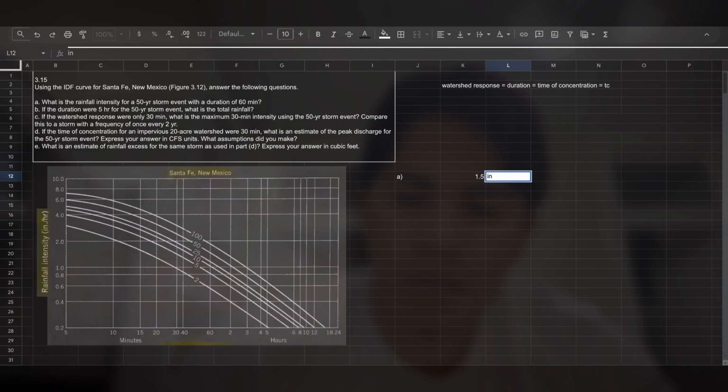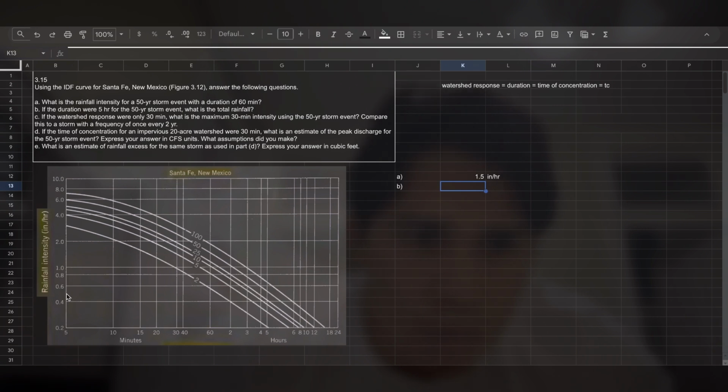1.5 inches per hour. Now part B, if the duration were 5 hours for the 50-year storm event, what is the total rainfall? For this part, you're going to do something similar. If the duration were 5 hours for the 50-year, you go to 5 hours, and the 50-year will be the second line from the top.